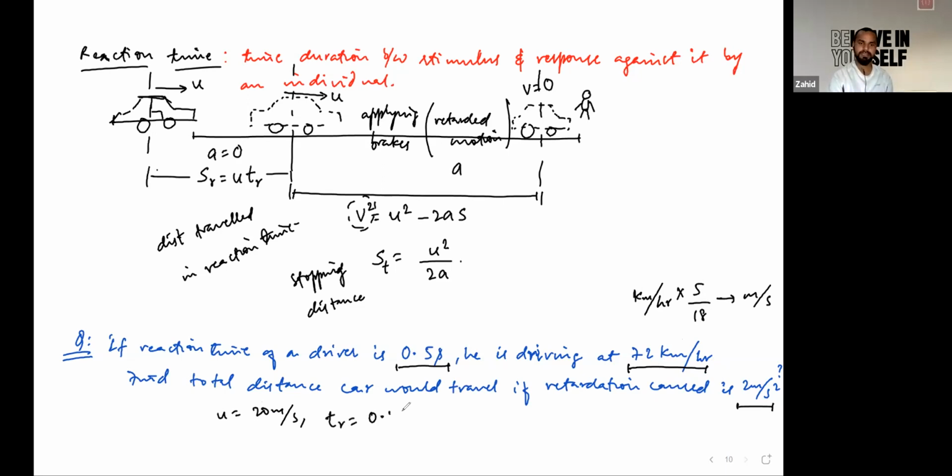Reaction time is 0.5 seconds and A is 2 meter per second squared. Just put all these values in these two intervals and you get the distance traveled in reaction time and the stopping distance.